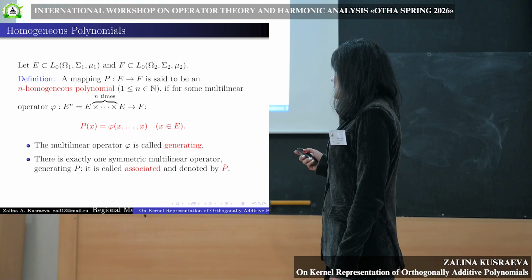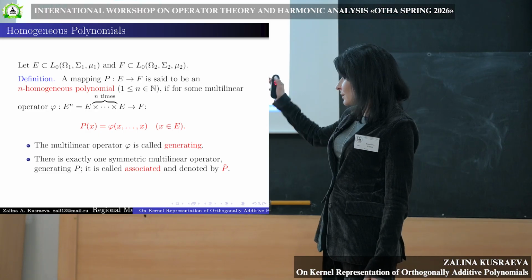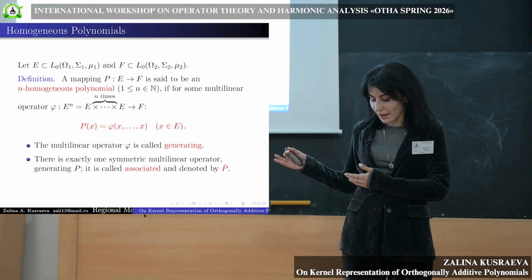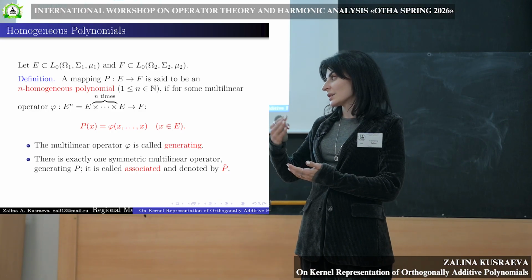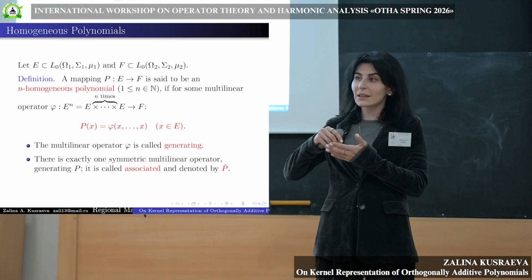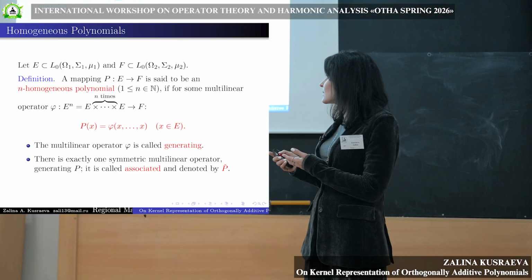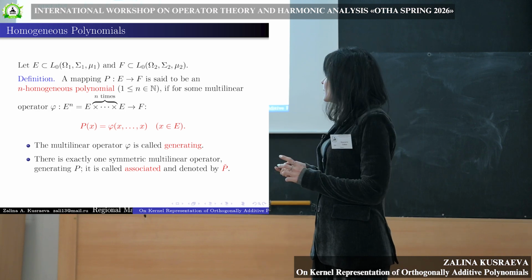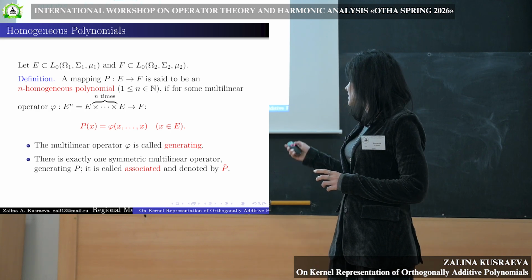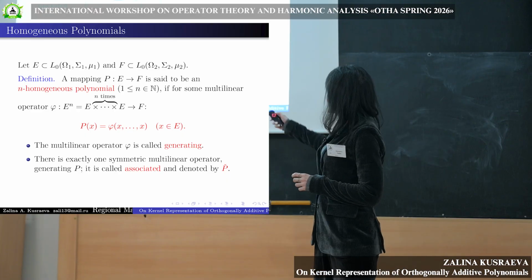Such phi is called generating for the polynomial P, and there are many generating multilinear operators for an exact polynomial P. But in the case when this multilinear operator is symmetric, it is unique for the polynomial, is called associated, and is denoted by this symbol.